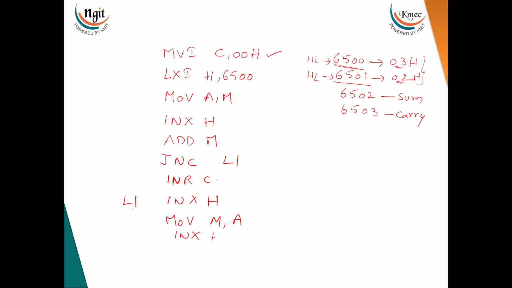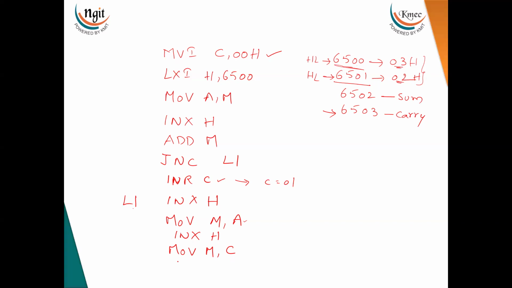For that I need to increment the HL pair so that it will point to 6503. Here I have to move the value from the C register, not the accumulator, because the sum is in the accumulator and the carry is in C. If carry is not generated, then the 00 value will be moved into the memory location. If the carry is generated, C is incremented by 1, so C holds 01, and 01 will be moved into the memory location.